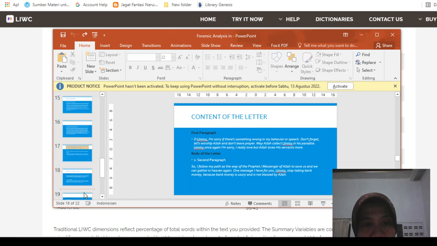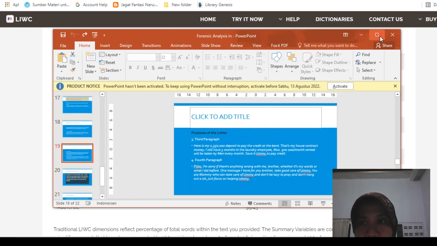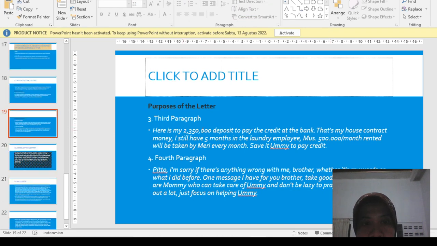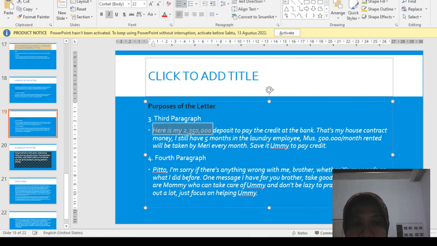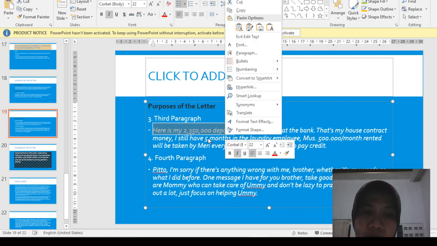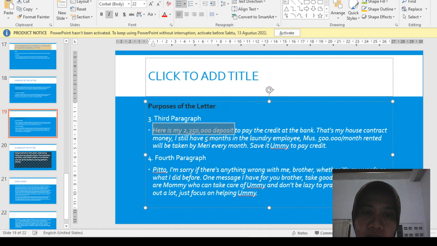And next, the third paragraph. Here, as an alternative to not being allowed to take bank money, the perpetrator wrote the amount of money he saved to his mother so that she could pay off the bank credit or debt. "Here is my 2,350,000 deposit to pay the credit at the bank."